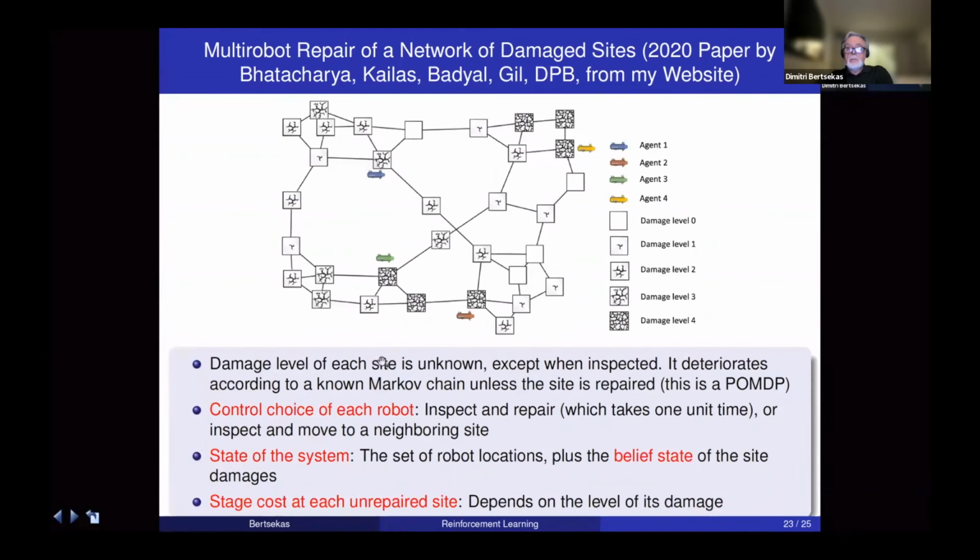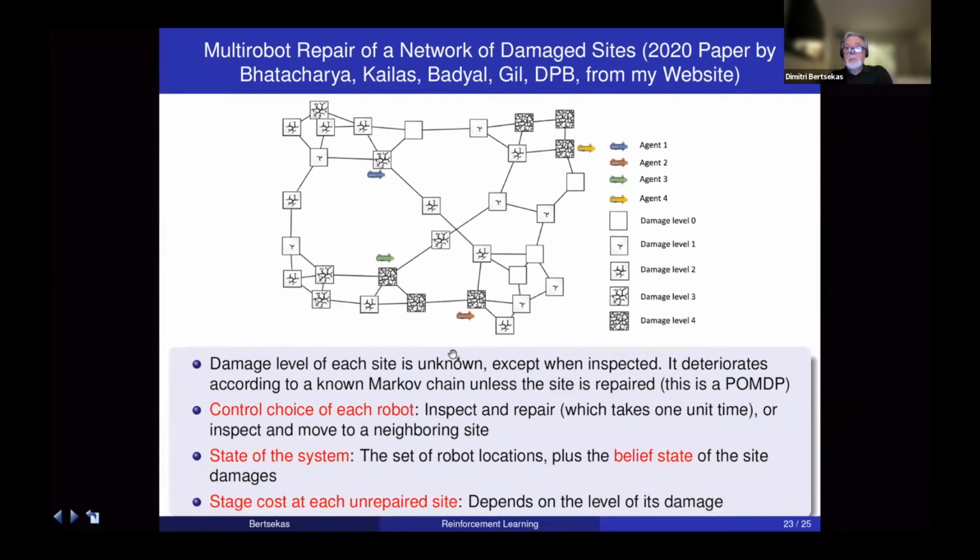We have a POMDP with an already very complicated but discrete state. However, the POMDP involves a belief state. That's the one that we are operating on. And this is a continuous state space of probability distributions. We have multiple agents, and we have a system equation that involves the belief state, and Q factors are calculated by Monte Carlo simulation using the known Markov chain.